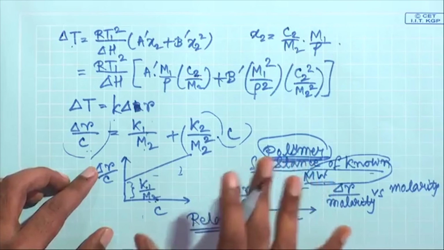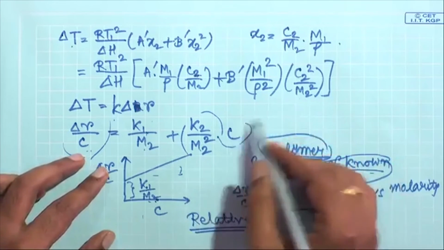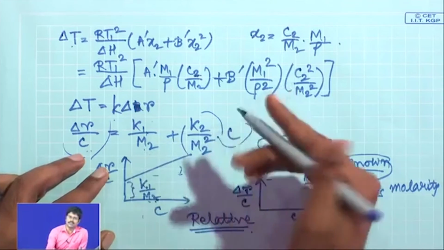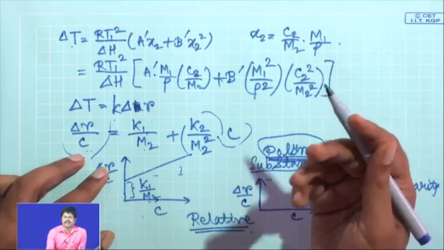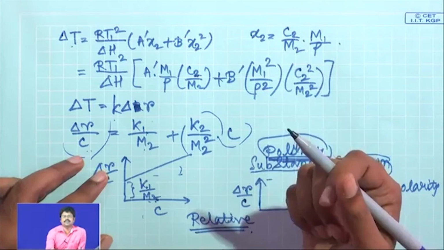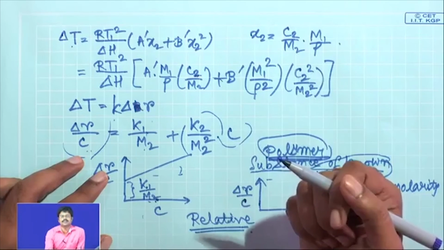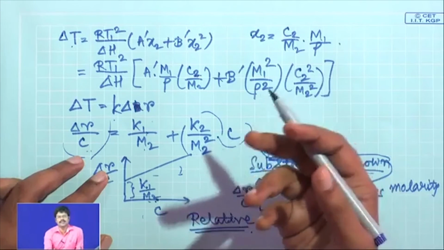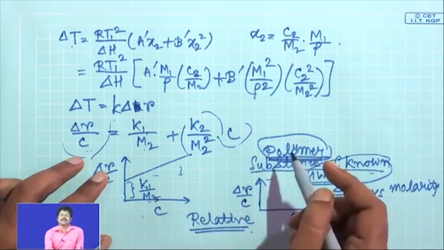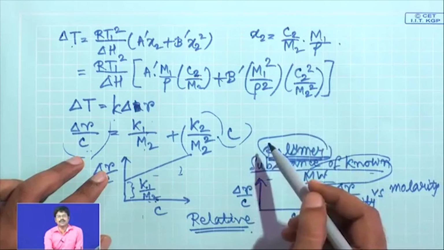And this particular method, vapor pressure osmometry, has a limitation: beyond a certain molecular weight, 10,000 to 15,000, it cannot determine. That is because if you go to very high molecular weight, the same amount of polymer dissolved in that solvent gives a much lower concentration.